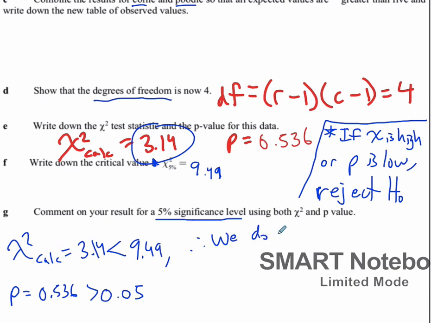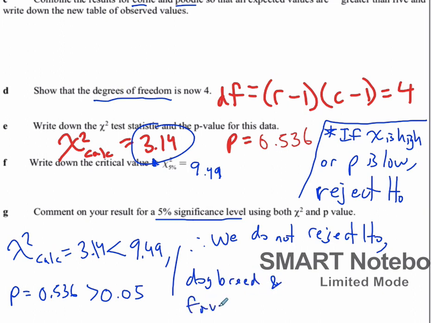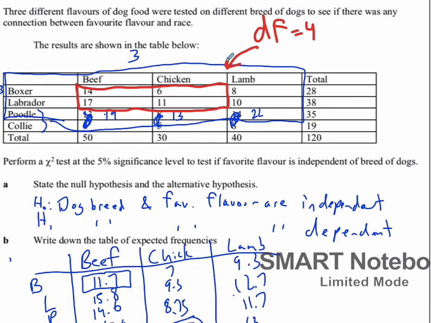Therefore, we do not reject H0, which means that dog breed and favorite flavor are dependent. Okay? So not all dogs like the same flavors. There's a difference depending on the breed.